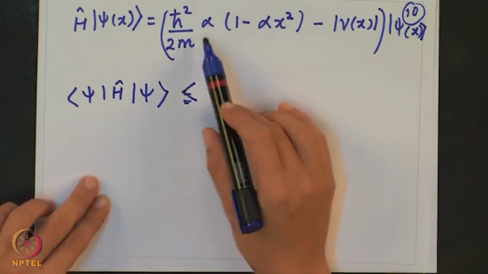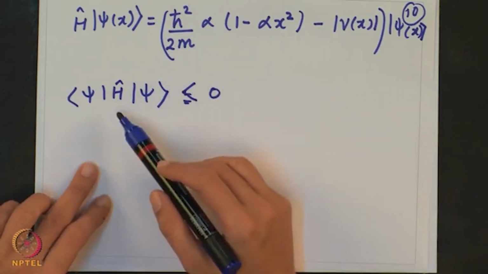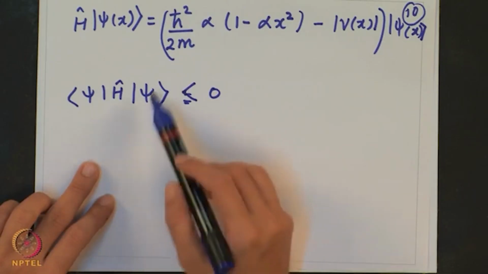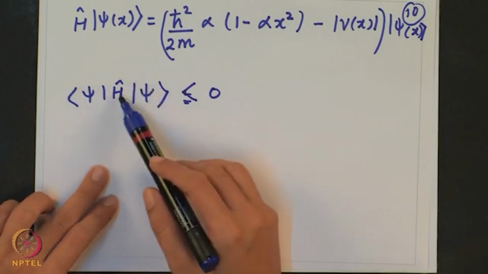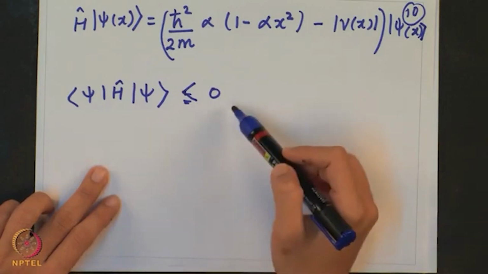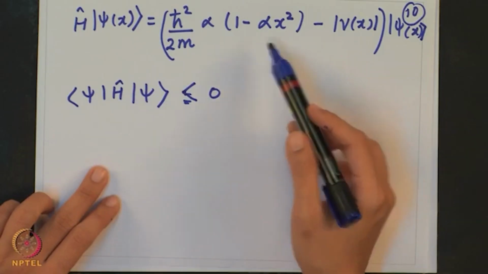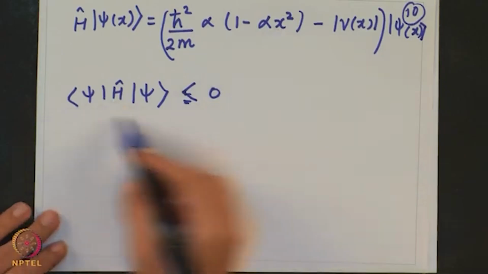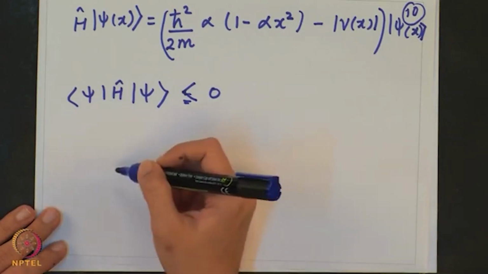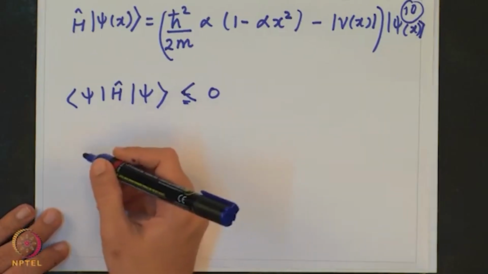So, what will be the condition on alpha such that when I calculate the expectation value, this should give me a bound state energy, that is, negative energy? If E is less than 0, what will be the condition on alpha such that I get the bound state, negative energy, or at least one bound state?